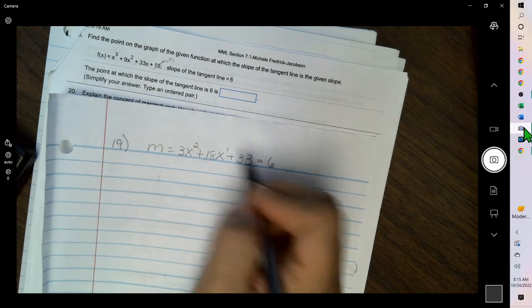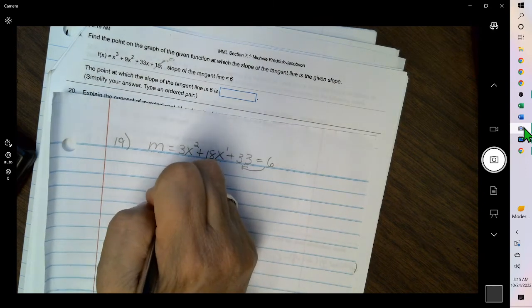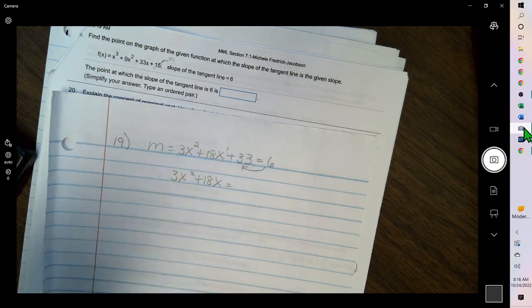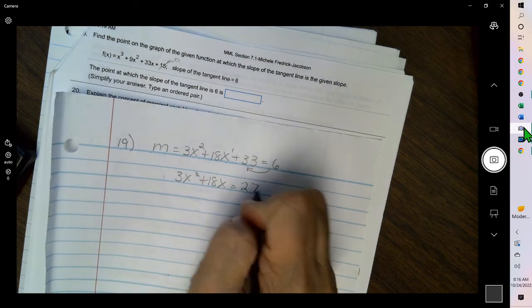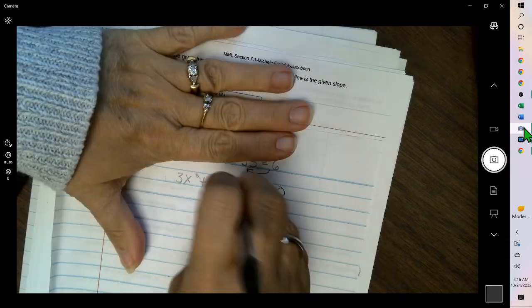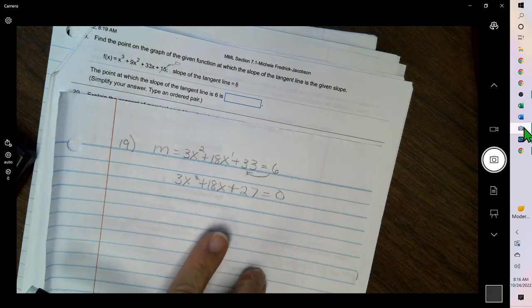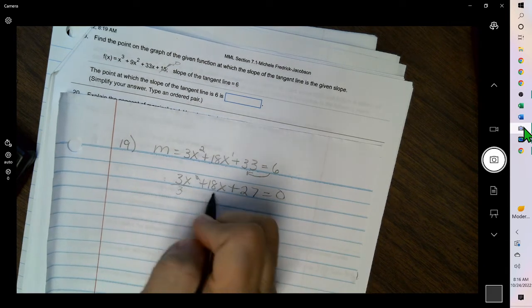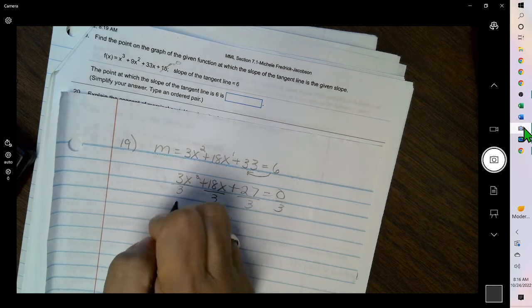Because this is quadratic, we need to subtract the 6 to the other side and get it set equal to 0. So I subtracted the 6. Now I notice that these are all divisible by 3.